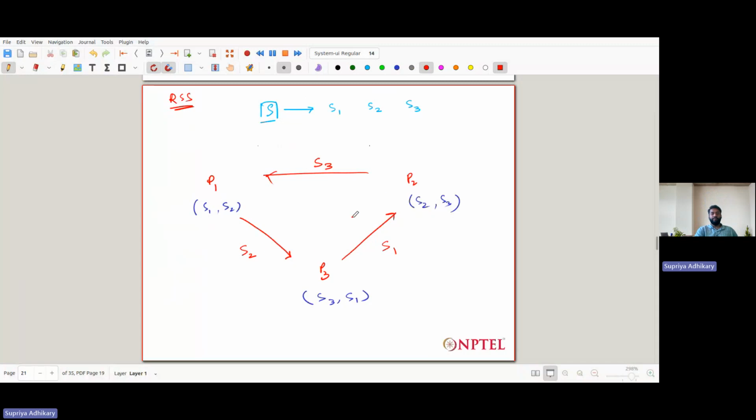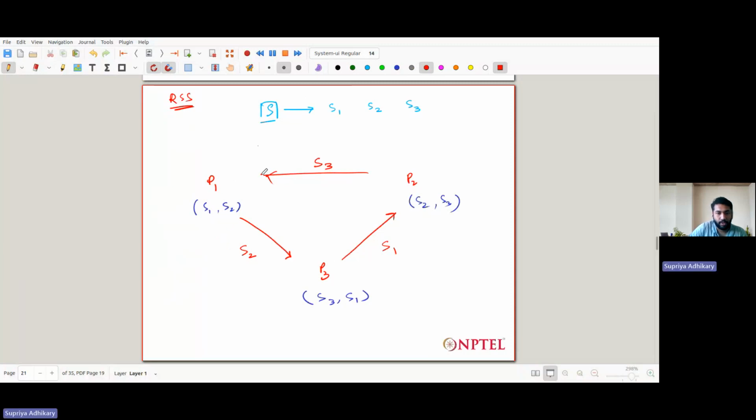And in this way, look at this, each of the parties lacks only one share of these three shares. P1 lacks S3, that is available to P2, and similarly P2 lacks S1, that is available with P3, and P3 lacks S2, that is available with P1.